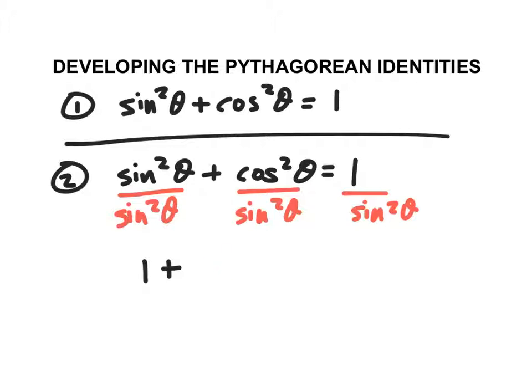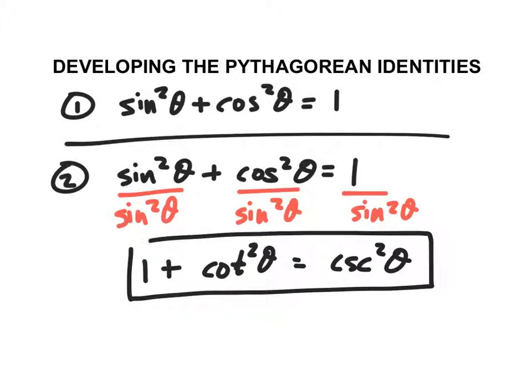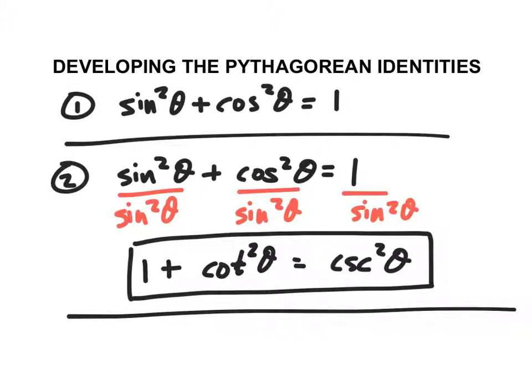So I'm going to write cotangent squared theta. And that's going to equal 1 over sine squared theta, which is really just cosecant squared theta. So this is another Pythagorean identity. All I did was take my original Pythagorean identity and divide everything by sine squared, and that gave me that. So I can use that as well.